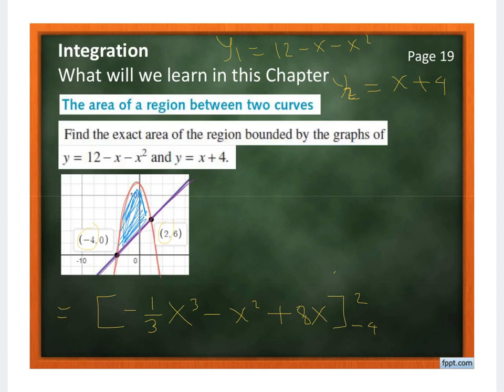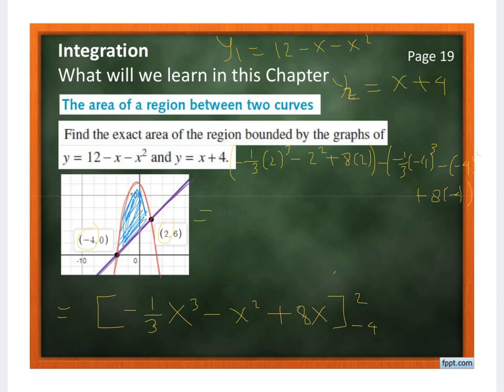So negative 1/3 times 2 cubed minus 2 squared plus 8 times 2, minus, negative 1/3 times negative 4 cubed minus negative 4 squared plus 8 times negative 4.